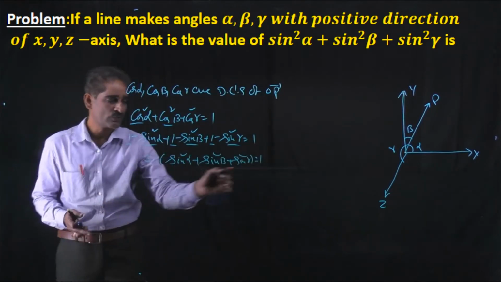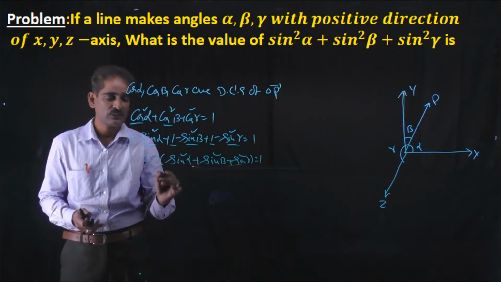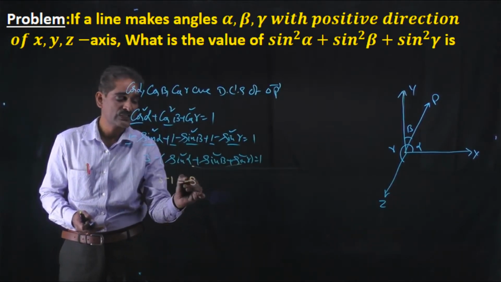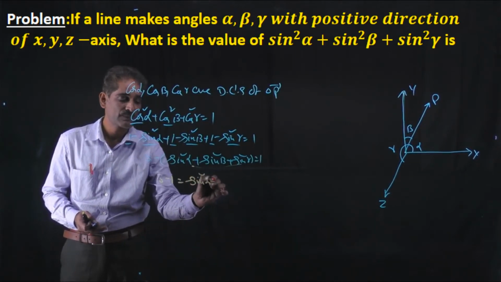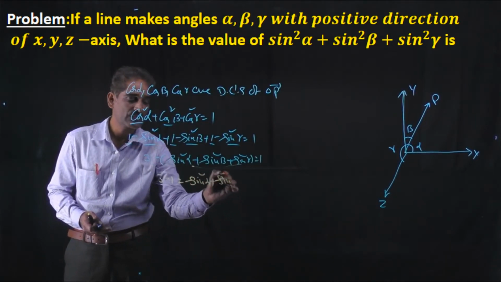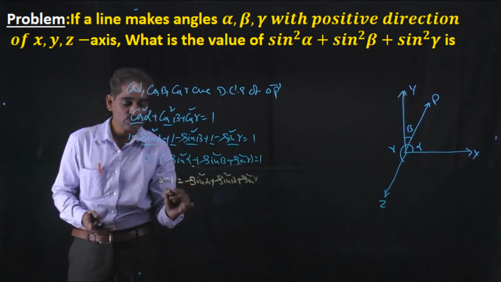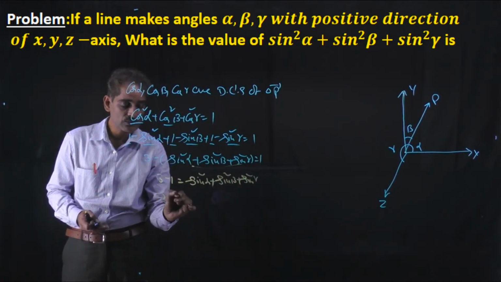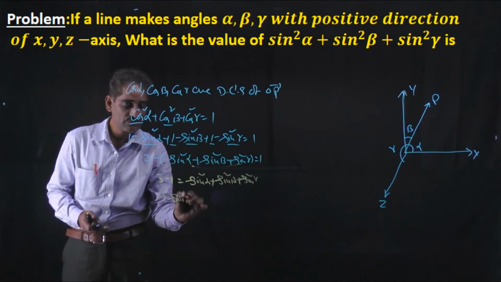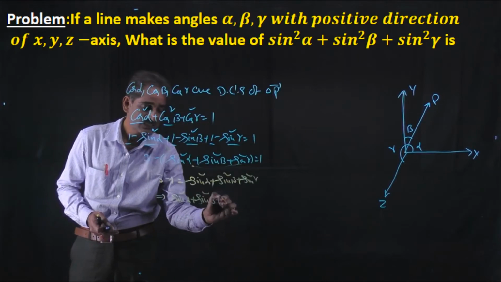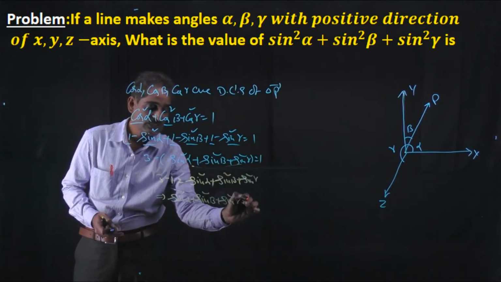Therefore 3 minus 1 is equal to sin square alpha plus sin square beta plus sin square gamma, that is, sin square alpha plus sin square beta plus sin square gamma is equal to 2.